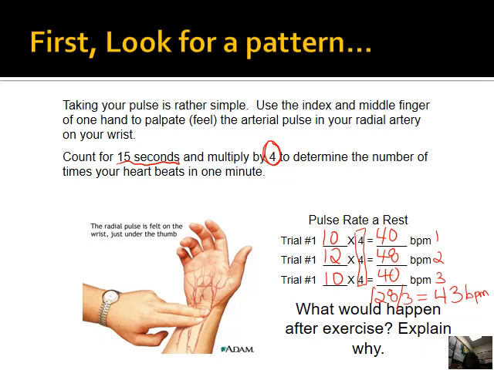Okay, so then we did this same experiment, but we exercised before, and we noticed that overall each classmate's pulse rate increased after exercise. And we made the connection that when you're exercising, you require more energy, and ATP equals energy. In order to make ATP, we need to go through cellular respiration. Cellular respiration requires oxygen.